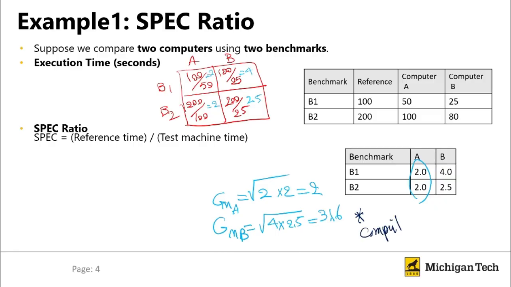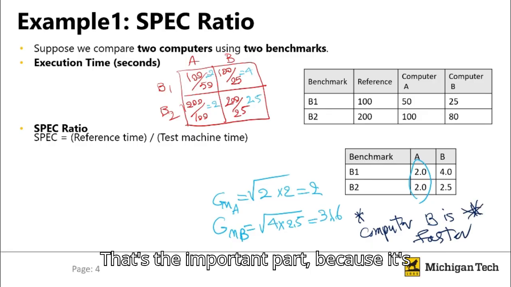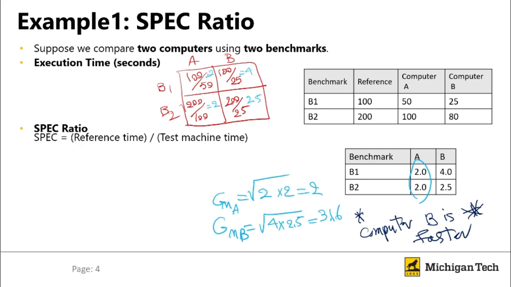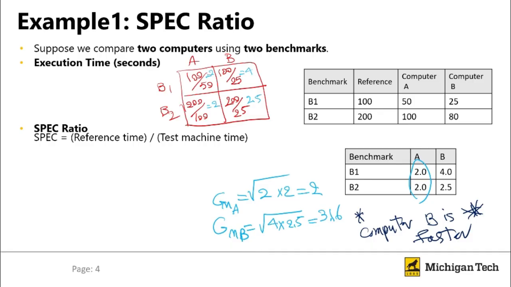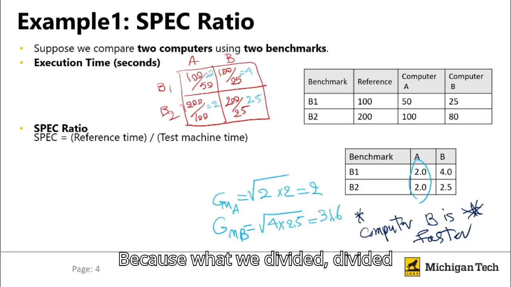Computer B is faster. That's the important part because it's a ratio. So you can also check, for example, in B1, computer A is 2 times faster than the reference, because what we divided is the reference time by the test time.